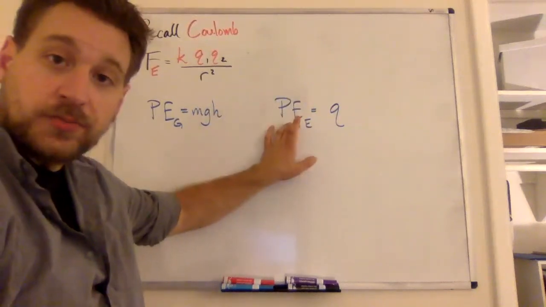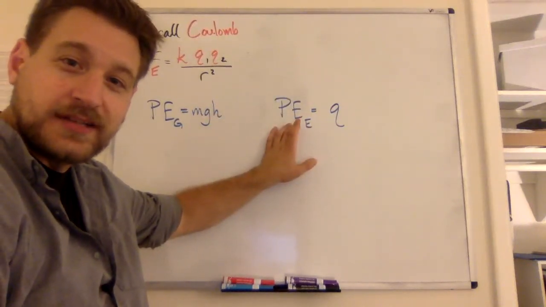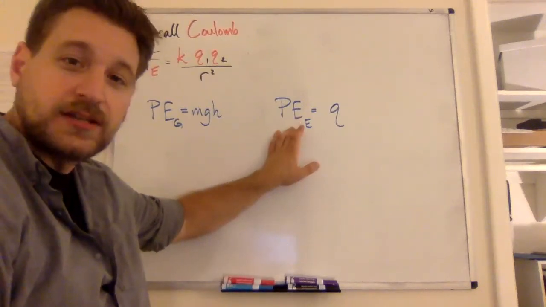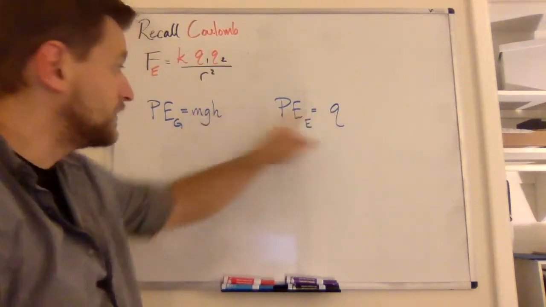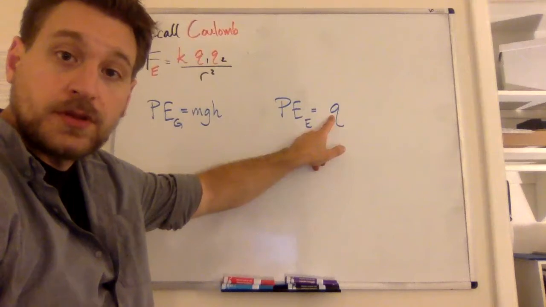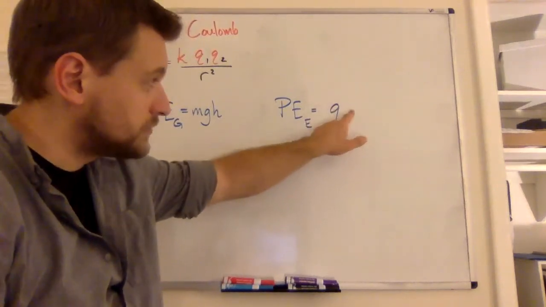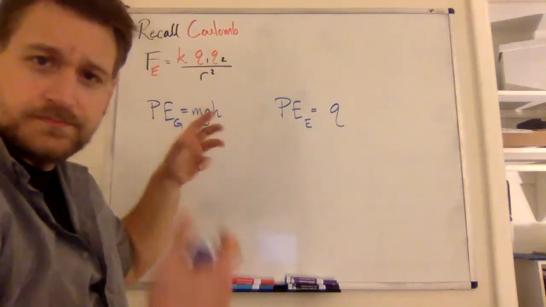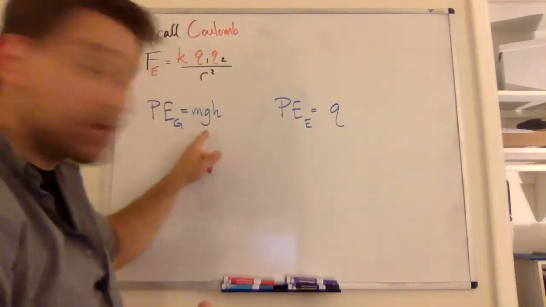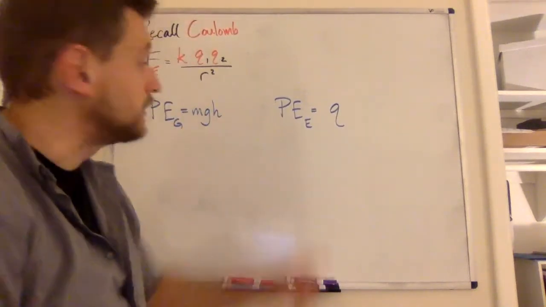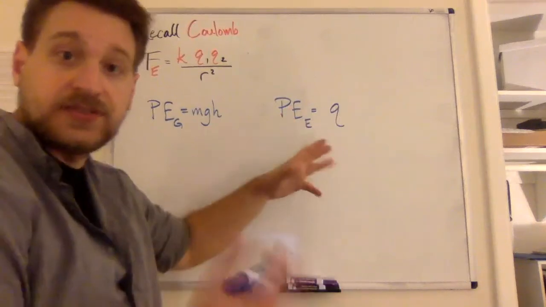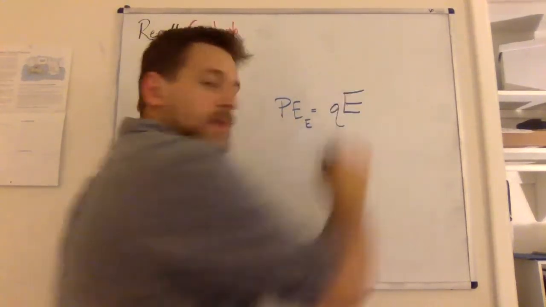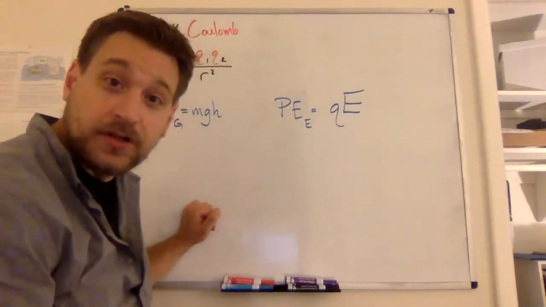So when we're talking about electricity, we're talking about the potential energy of a charge q subject to an electrostatic strength. How strong is gravity? g strong. How strong is the electric interaction? Electric field strong.